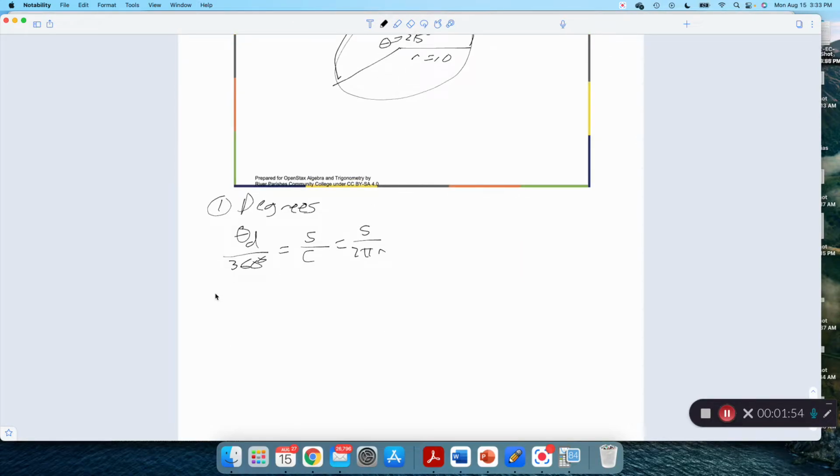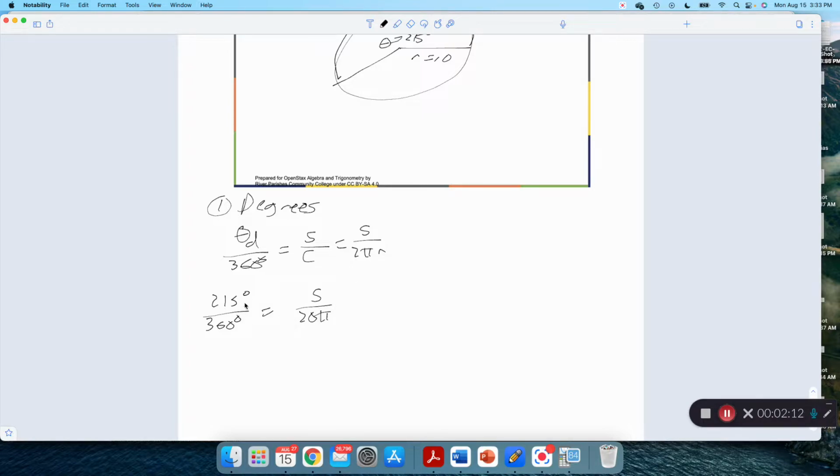So that would be 215 degrees out of 360 degrees will be S over 2 times pi times 10. So 2 times 10 would be 20 pi.